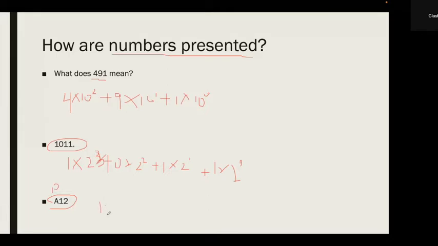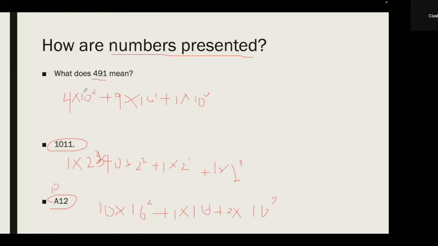Basically it means 10 times 16 to the power of 2, plus 1 times 16 to the power of 1, plus 2 times 16 to the power of 0. So we see that all numbers, no matter if they are decimal numbers, binary numbers, or hexadecimal numbers, they're all presented in a similar fashion.